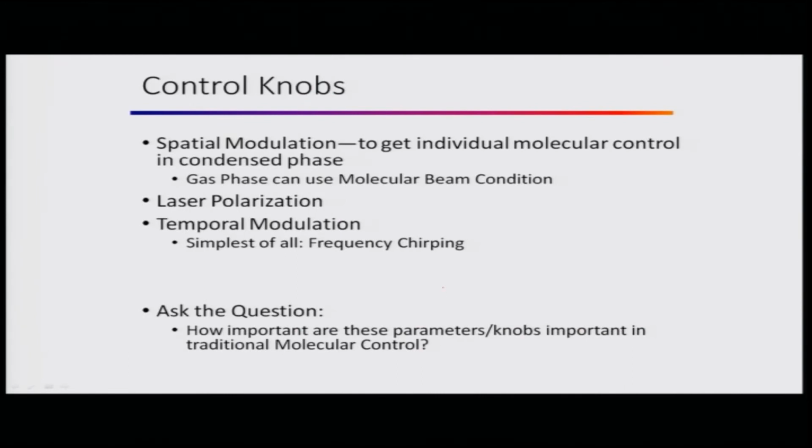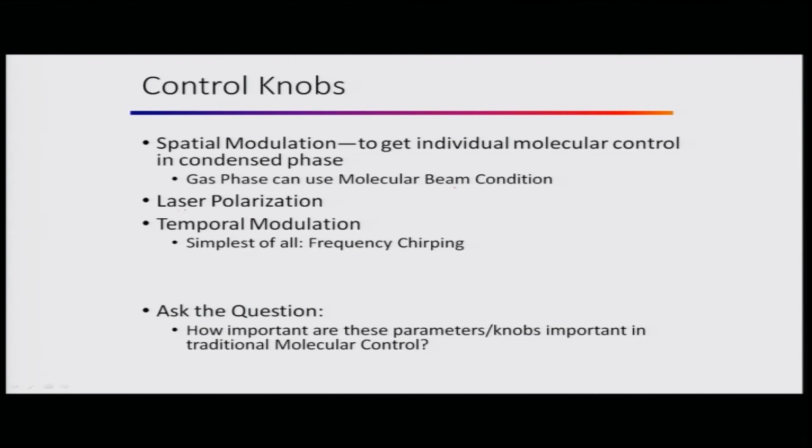So one of the key features in all these interactions is the idea of having control knobs, where the spatial modulation is being used to get the individual molecular control in condensed phase, and in case of gas phase one can use molecular beam conditions, as we discussed before.